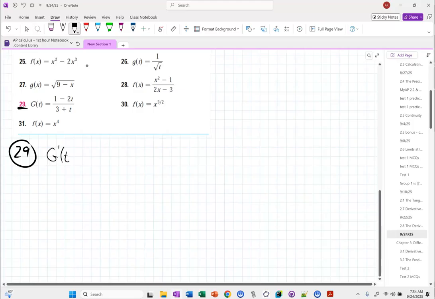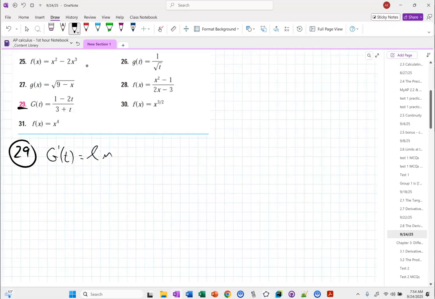So g prime of t is going to be equal to the limit as h goes to 0 of (1 minus 2 times (t plus h)) over (3 plus t plus h), minus (1 minus 2t) over (3 plus t), all over h. So far so good, Kylie? Okay.